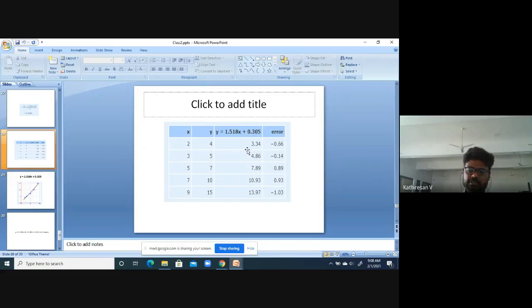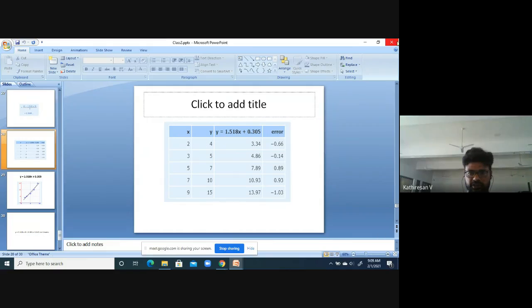This value is the predicted value, but the actual value is this. Based on this equation, we find the prediction for unknown values, that may be 10, 11 or 15 for x, and we have to find y. The difference between these two is nothing but an error. So y is this one, y hat or y predicted is this one. That's how it is represented here.